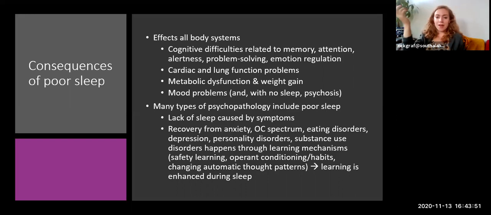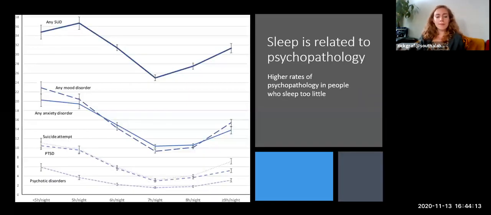And then depression recovery and personality disorder recovery happens through changing automatic thought patterns. So the conditioned thought that just pops up when we see or experience certain stimuli. So all of that is a learning process. And when sleep is disrupted, that recovery process in the brain, that reparative learning, is inhibited. So that can help to maintain the symptoms of psychopathology longer.